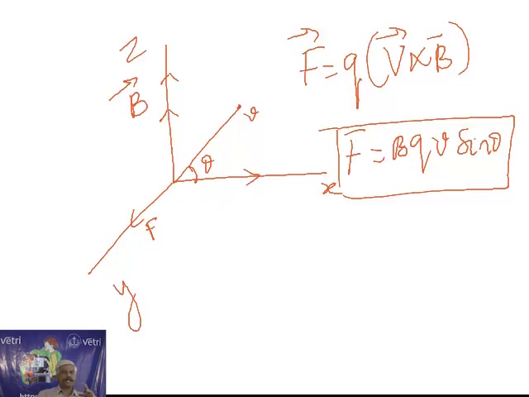The forefinger represents the direction of the magnetic field, and the middle finger represents the direction of current, that is the motion of the charge. What about the thumb? The thumb indicates the force, that is the motion of the conductor.